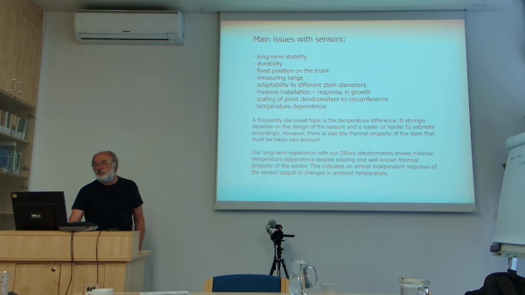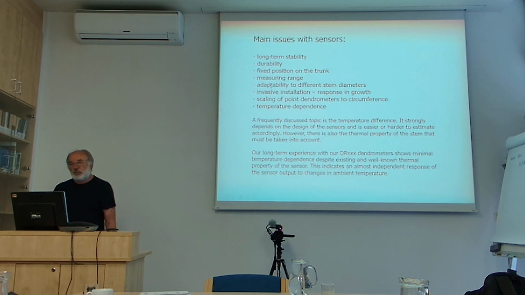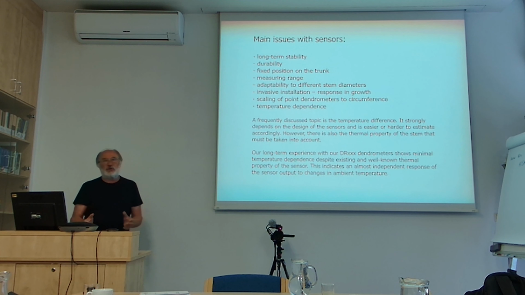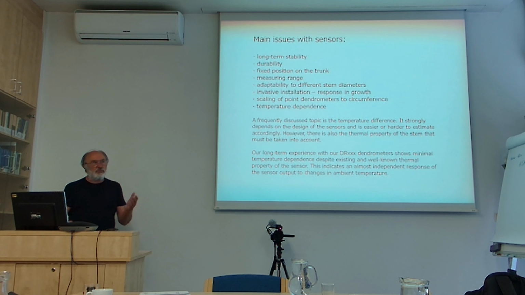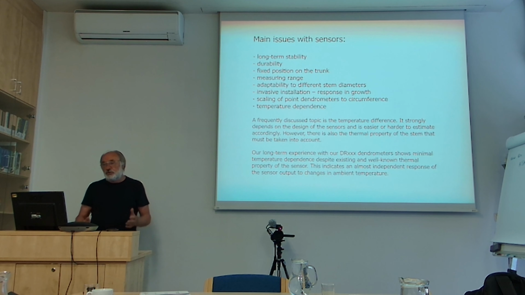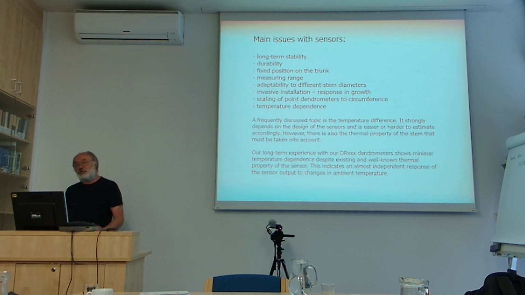A good sensor also has good adaptability to different stem diameters. That means it's for nothing if you have only a sensor which is able to take 10 millimeters, a few millimeters, if the annual growth is 2 centimeters. So it's also a kind of criteria for selection of a good sensor.